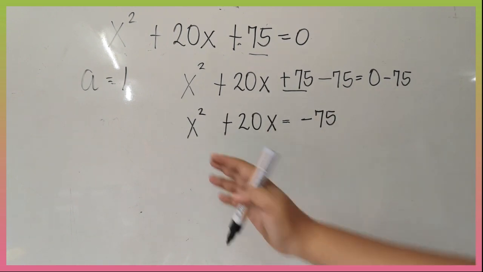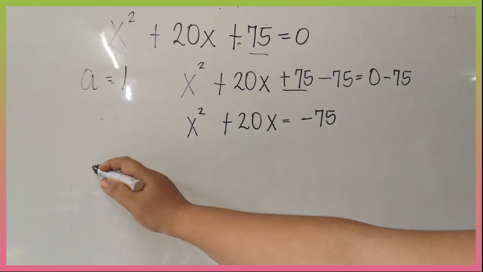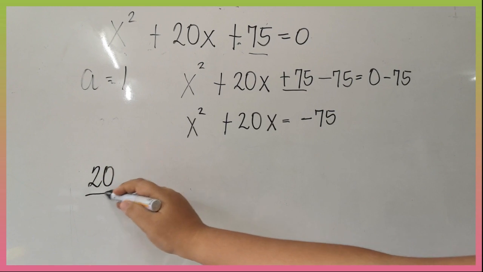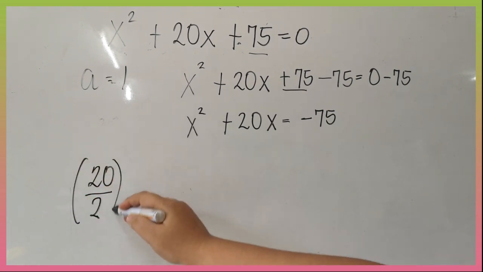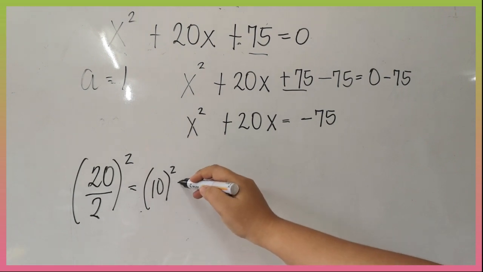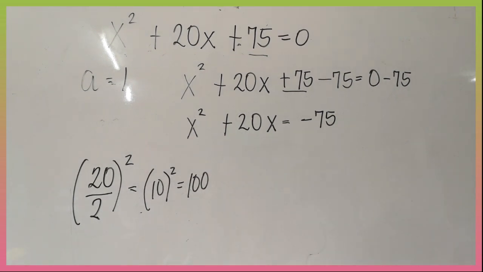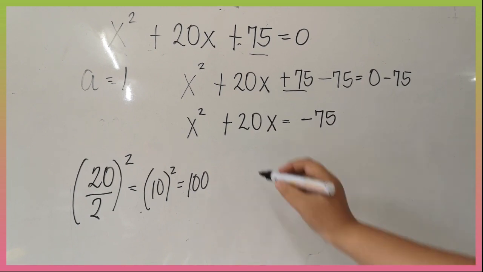If you look at the left side of our equation, we need to make it a perfect square trinomial. So using what you have learned a while ago, we need to divide 20 by 2, then square it. You have 10 squared is equal to 100. We will add 100 to both sides of the equation.